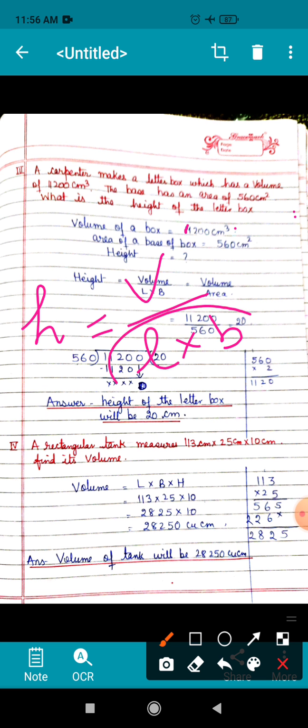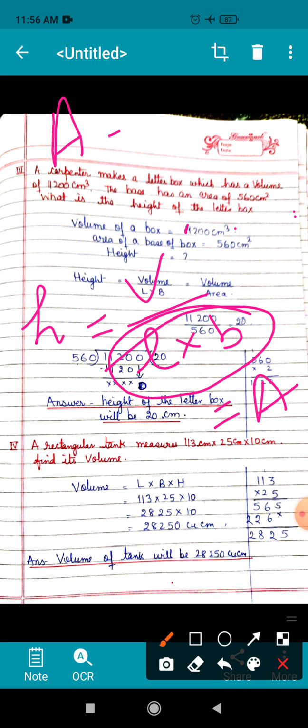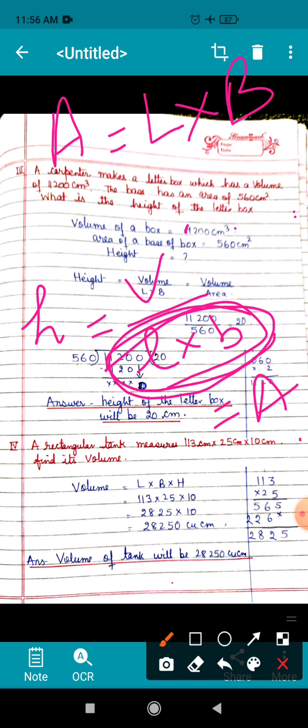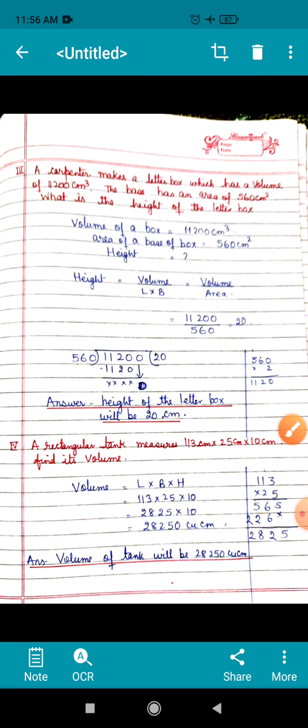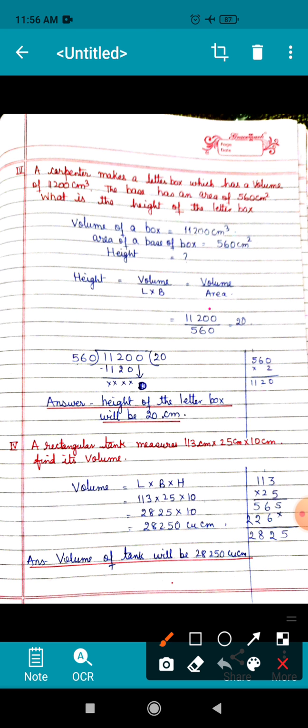And children, this length into breadth is equal to area. You all know the formula of area. Area is equal to length into breadth. So in place of length into breadth, you can write area. So the formula that you have got is volume upon area.